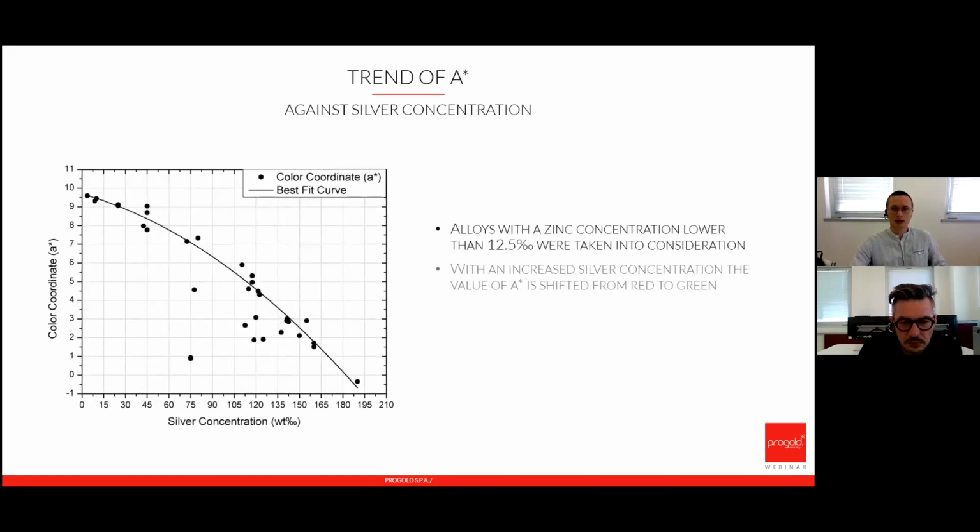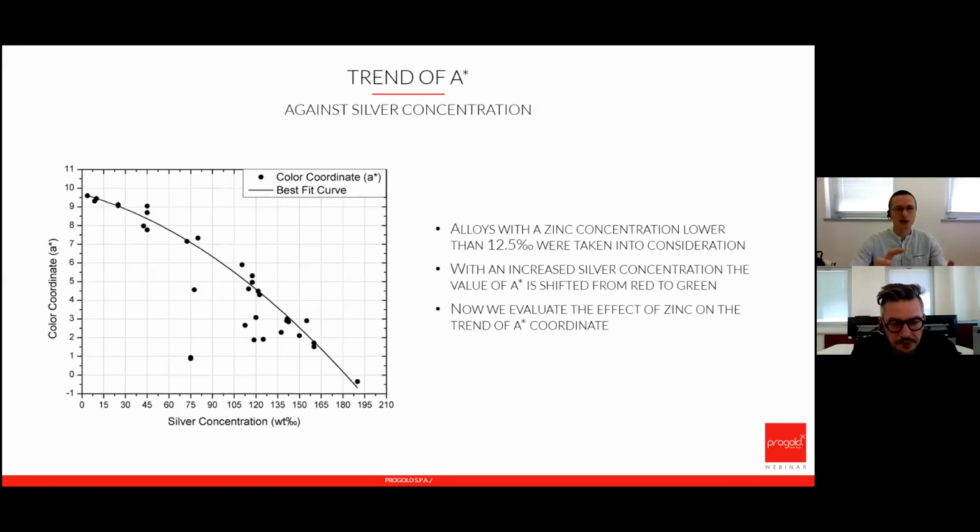Let's see now the second color coordinate, that is the A, and it represents the color component going from red to green. Obviously, we pass through the yellow gold, and so green means not properly a green alloy as we intend a green color, but there will be pale yellow with green reflection or green background tone.